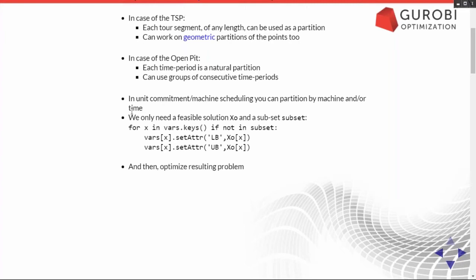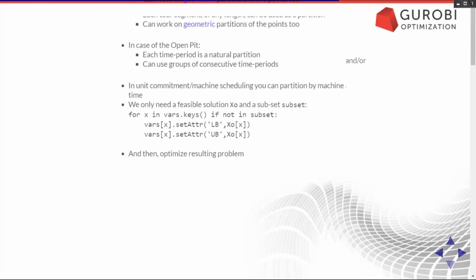So for everything that is not in the subset that you want to optimize, you're going to fix both upper and lower bound to the current solution or candidate solution that you have at hand. And then you optimize whatever is left of the problem, and you let Gurobi figure it out and simplify the problem and all that for you. So that's very easy to do.